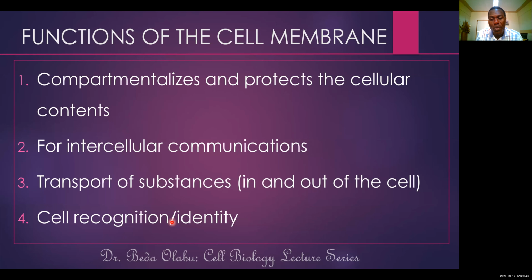For example, when you say you are blood group A, it means that the cell membrane of your red blood cells have an antigen called antigen A. If you're blood group B, the same.